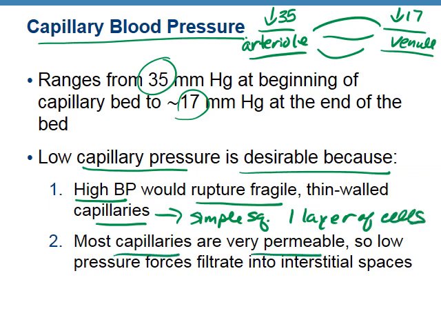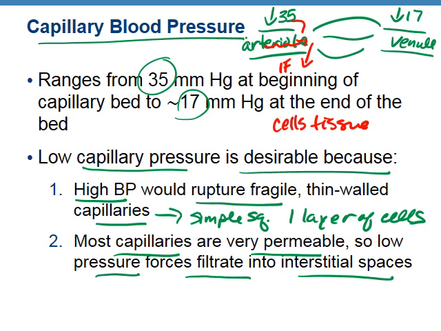Most capillaries are very permeable, so the low pressure forces the filtrate into the interstitial space. So what they're saying is we have to get to the interstitial fluid, and then we have to get to the cells in the tissue. So the blood's flowing in the arterial side, the fluid has to drop to the interstitial fluid, then it has to get into the cells or the tissue.